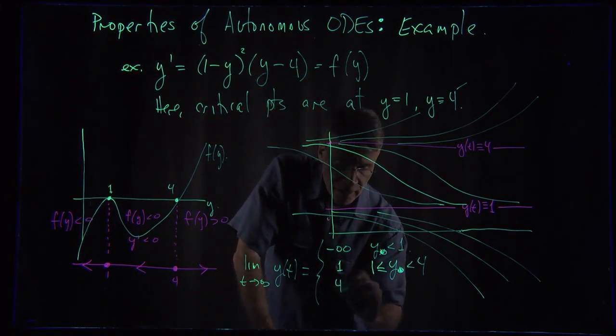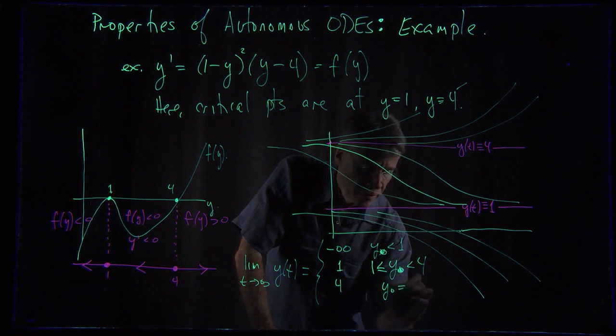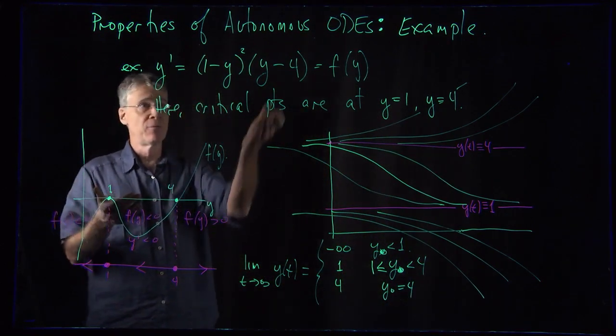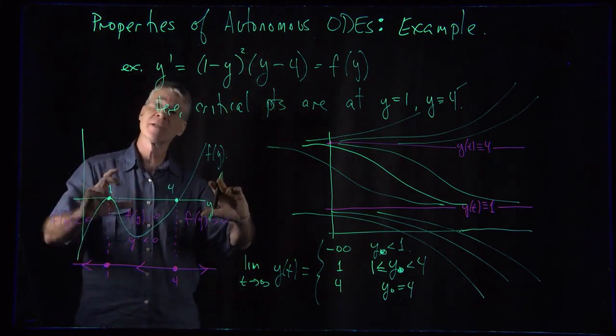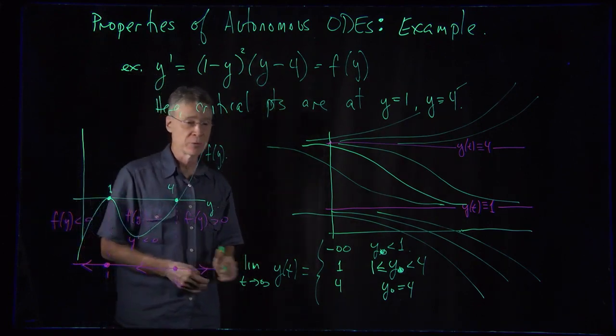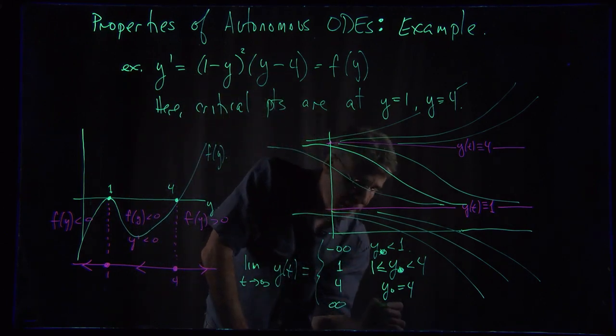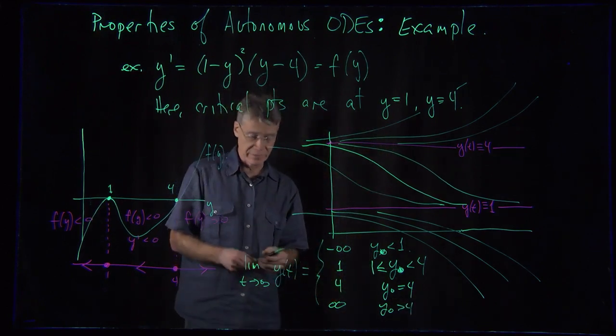I know that if I'm at 4, then I'll never leave 4 because 4 was a critical point of this guy, so it corresponds to an equilibrium solution at y equals 4. And then I also know that everybody else, the only guys that are left, y0 greater than 4, heads off to infinity.